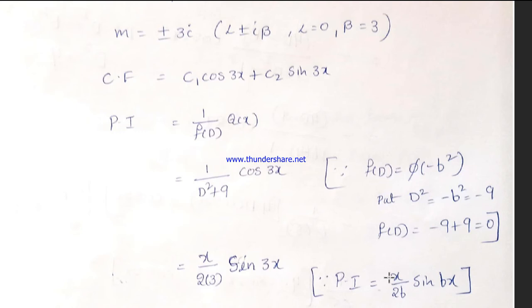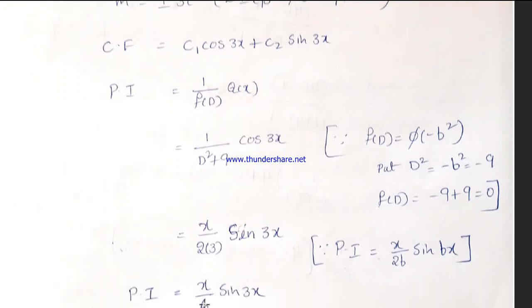Particular integral is equal to x by 2b into sin bx for Q of x is equal to cos bx. So that's why we can write the formula directly. x by 2 into b value is 3, sin 3x. So x by 6 sin 3x is our required particular integral to the given function.